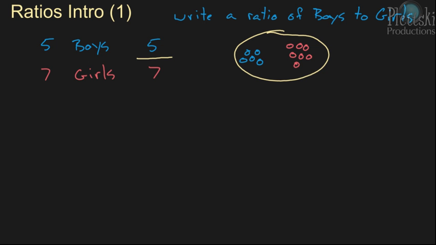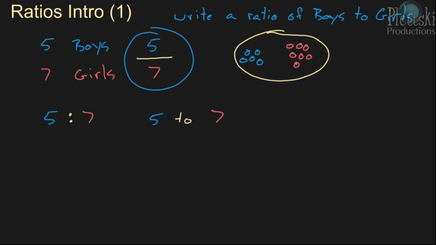And there's a couple different ways to write this. We can write it as a fraction like this, 5 to 7. We could also write it as 5 to 7, and we could also write it as 5 to 7, like that.